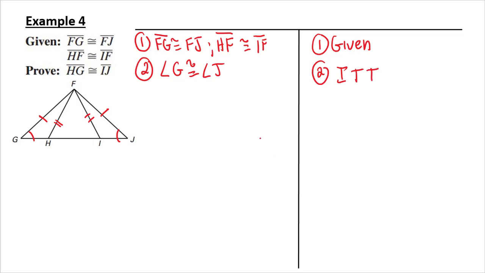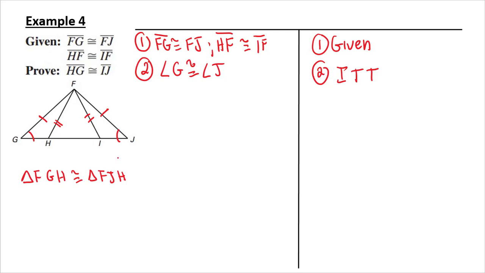Okay, let's look at this also. It would be nice if I could get triangle FGH congruent to triangle FJH. Right now I have side-side-angle, and that's not a way to prove triangles congruent.